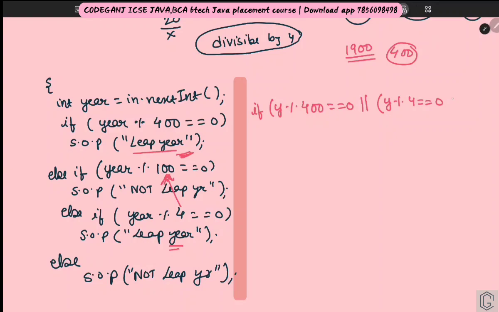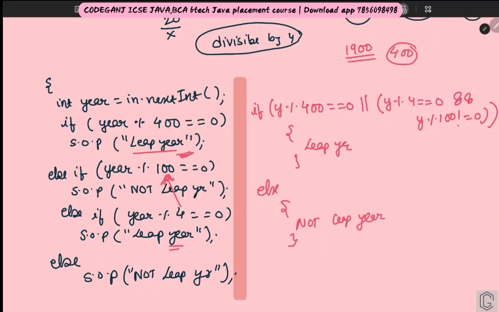So we will use and, year mod 100 not equals to 0. Knowingly we will write not equals to 0. Understood? So these two cases will give you the leap year case. Else you can directly write not a leap year.